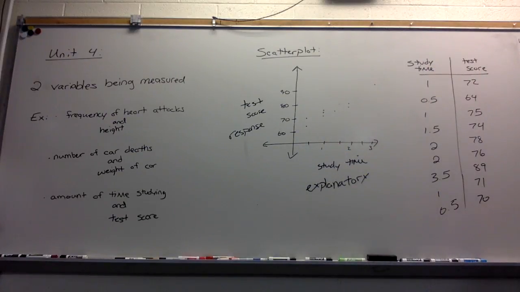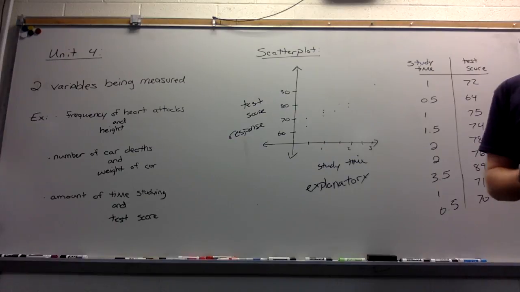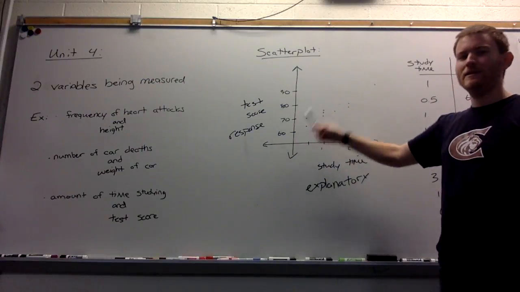And as we look at this, if it's hard for you to see, I suggest you plot this on your own paper so you can really see where these points are. We're using a graph and we're just plotting the points as is.